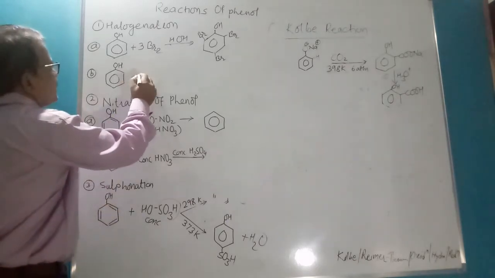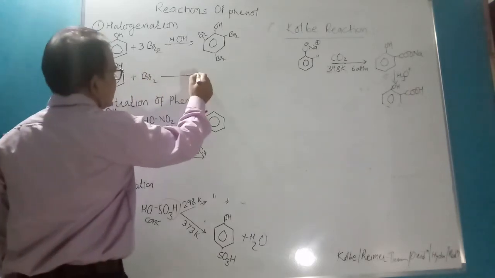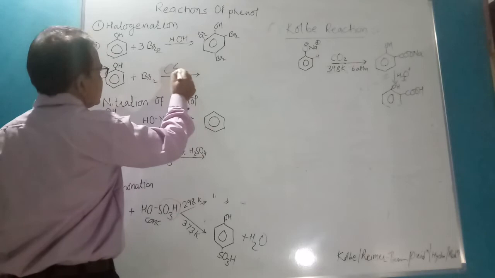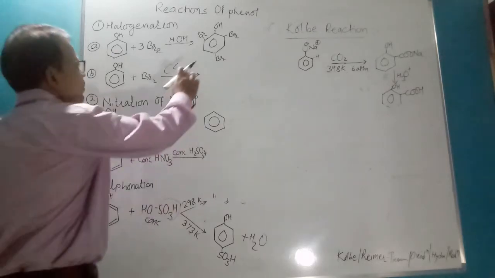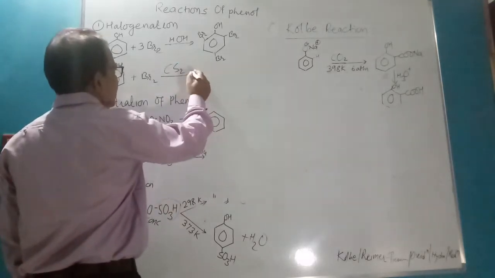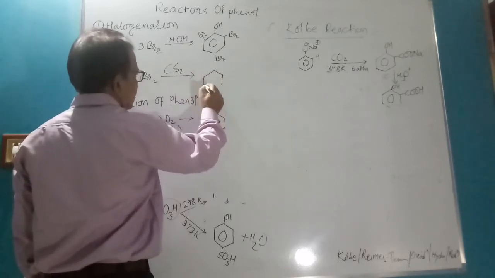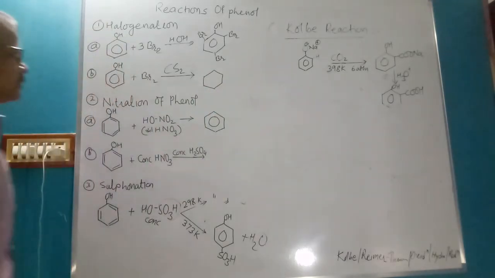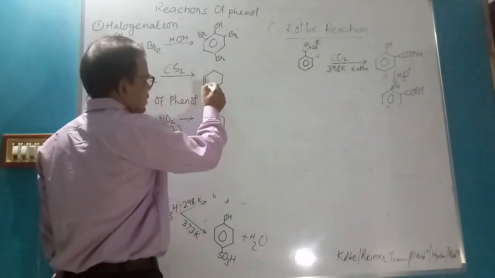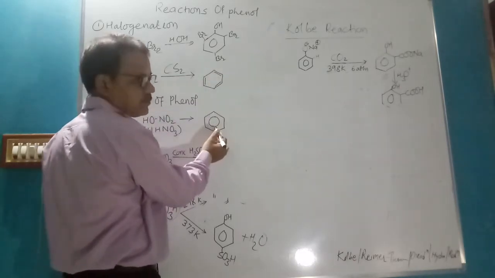Suppose this phenol reacts with bromine in presence of other solvent like CS2, chloroform, CCl4, then it gives a mixture of ortho and para bromophenol like this. So while writing phenol or benzene, you must put alternate single and double bond or ring like this.